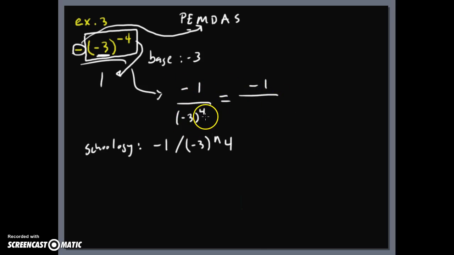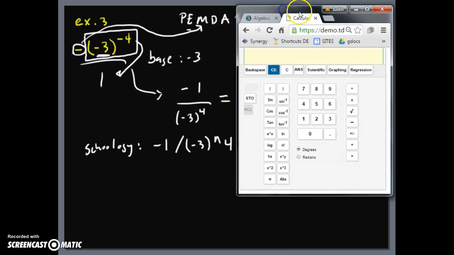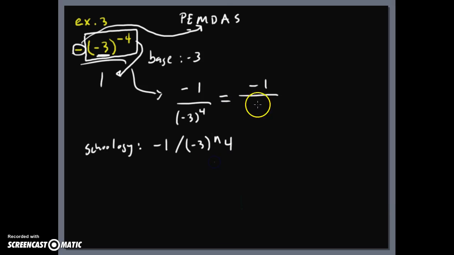Negative 3 to the 4th power. I'm going to use parentheses as I put the negative in because it's being taken with the number to the 4th power. So our final answer is a negative 1 over 81. That's how we would type it in.